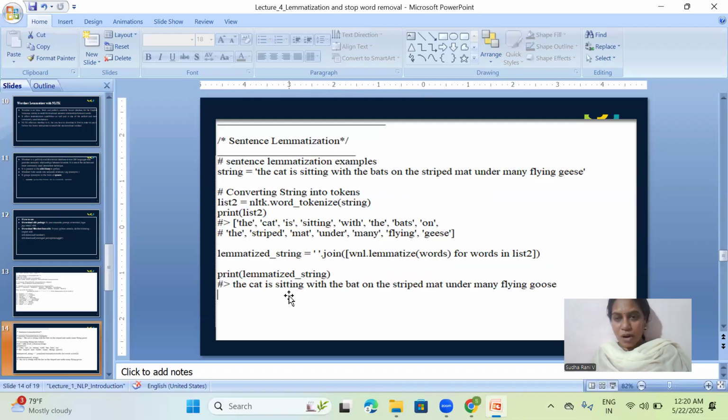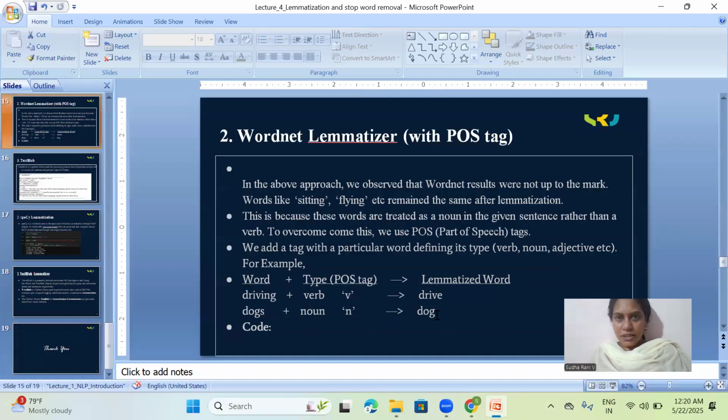In the output we generated the root words. Cats is converted to cat, bats is converted to bat, striped to strip, mat, flying, and geese is converted to goose. So this is lemmatization.